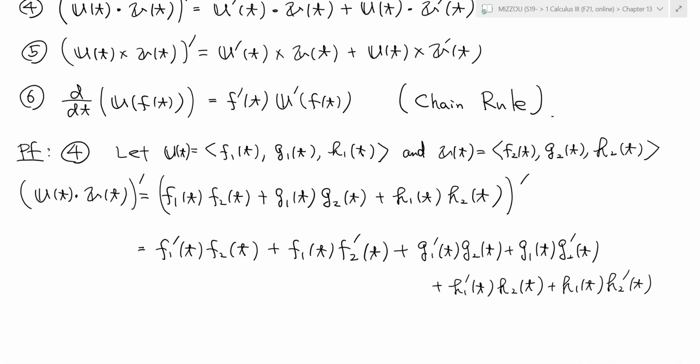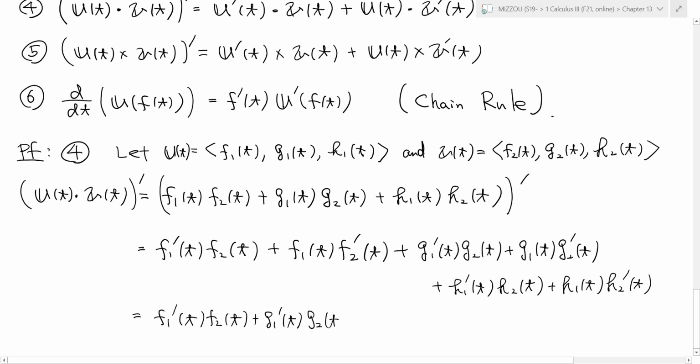Okay, and then you can actually group them together by picking up this part, and this part. And then what do you see? Well, you will see f1 prime of t f2(t) plus g1 prime of t g2(t) plus h1 prime of t h2(t).